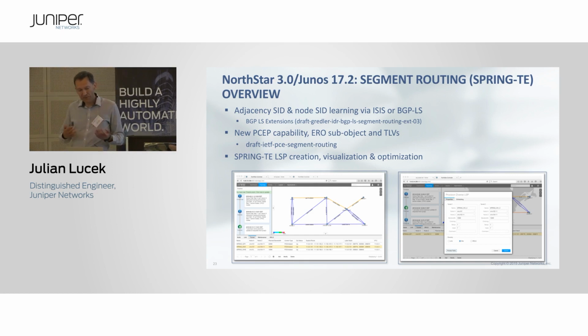And then from the PCEP point of view, there's a new PCEP capability, and so the two parties, the PCE and the PCC, when the session first comes up, negotiate and say, okay, we've got this capability, and that allows segment-routed LSPs to be conveyed over the PCEP session.